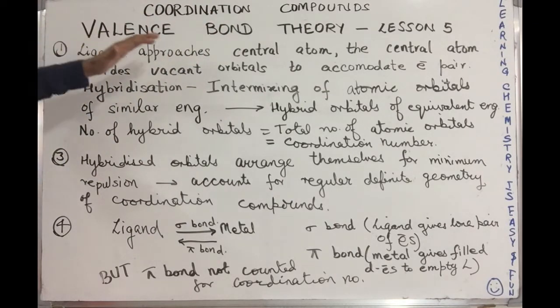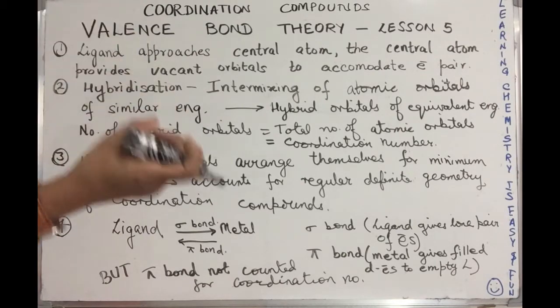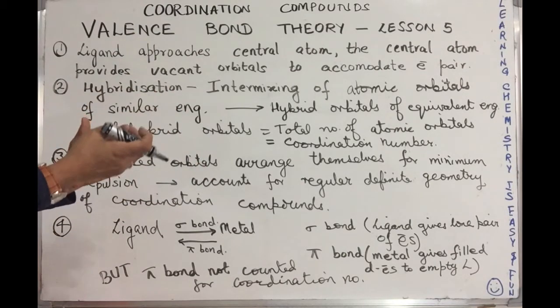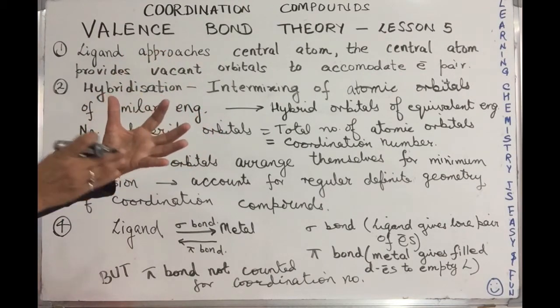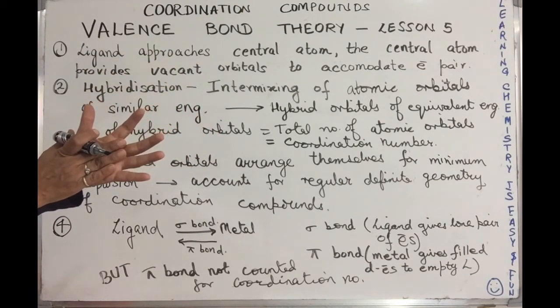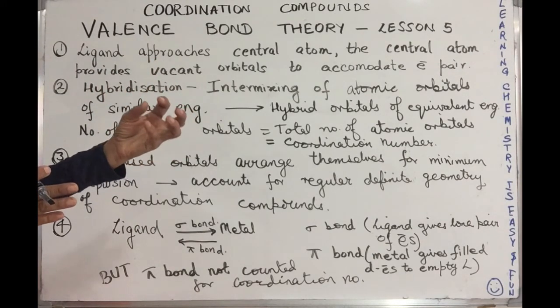Now, valence bond theory says that the electrons in the valence shell will participate in bond formation, and we also explained hybridization, right? And when does this hybridization happen? When one atom approaches the other, there is a redistribution of energy within this second atom which is being approached.